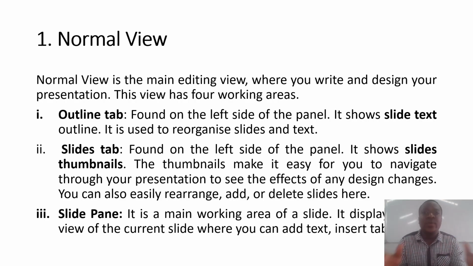So this one is the main working area, the slide pane. It is the largest part on your PowerPoint presentation. The largest part, which you see with your own naked eyes, that one is what we call the slide what? Slide pane.